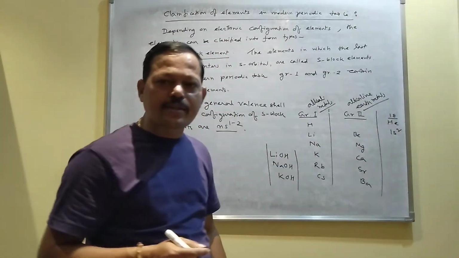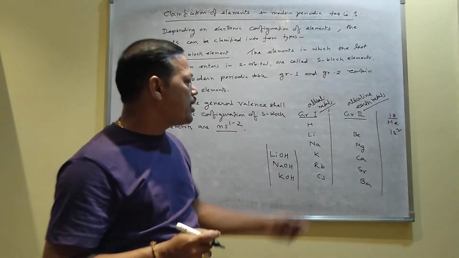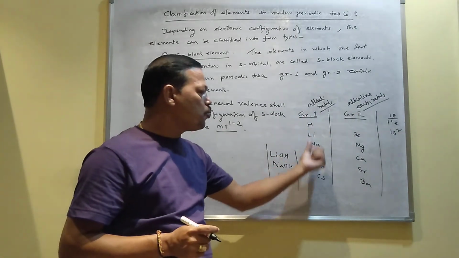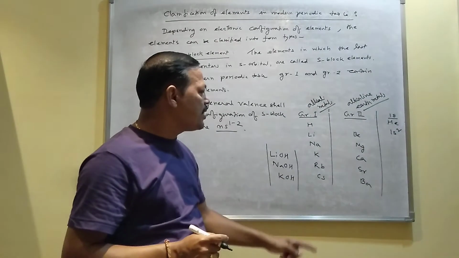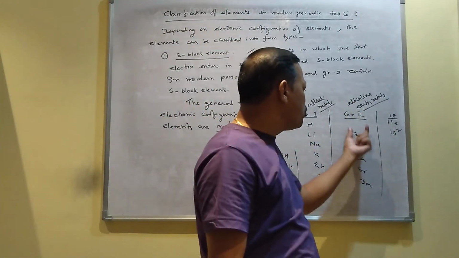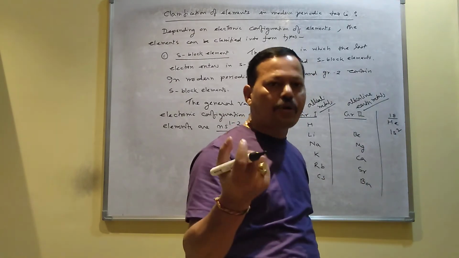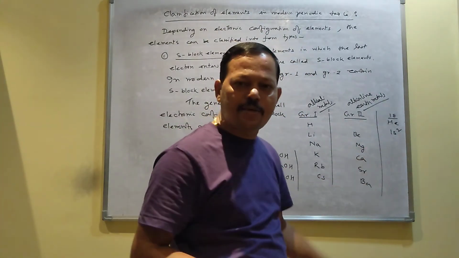So if someone asks you why group 1 elements are called alkali metals, it is because the bases of group 1 elements are alkali in nature. Similarly, group 2 can produce bases like beryllium hydroxide, magnesium hydroxide, calcium hydroxide.